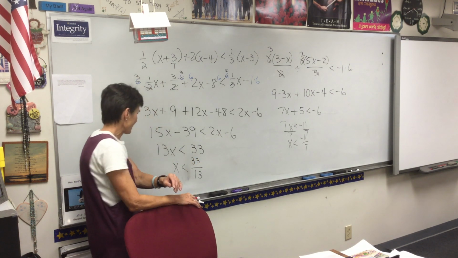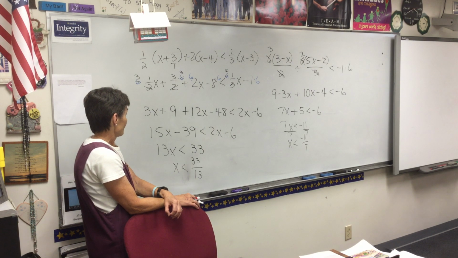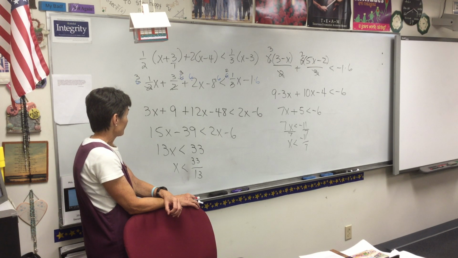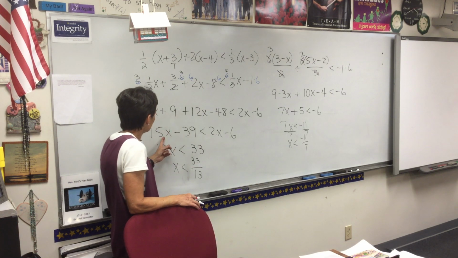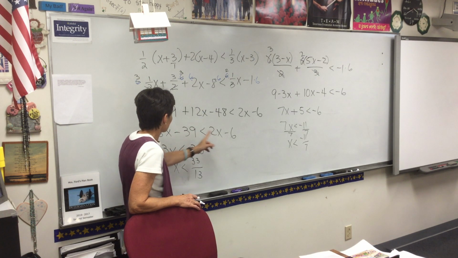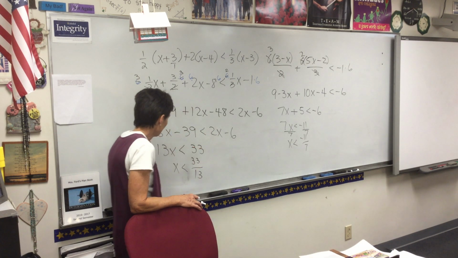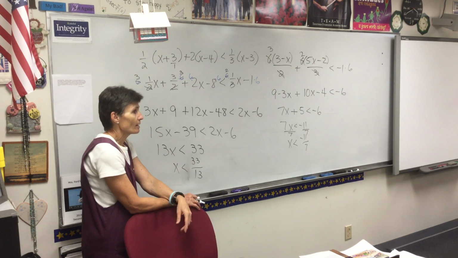I got x is less than 33/13. I added this and got 15, and that makes negative 39. So I brought the 2 over and moved the 39 over and divided. I think that's right.